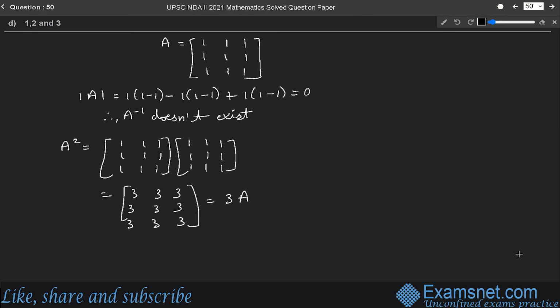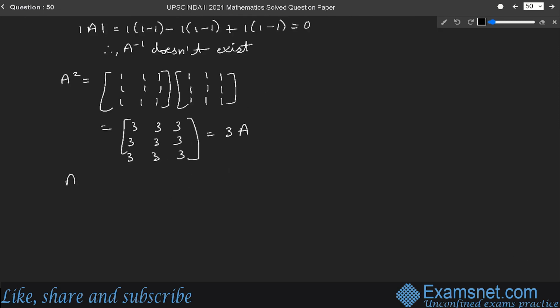Now let us find A cube. A cube will be equal to A square into A, and A square is 3 3 3, 3 3 3, 3 3 3, into A, which is 1 1 1, 1 1 1, 1 1 1.